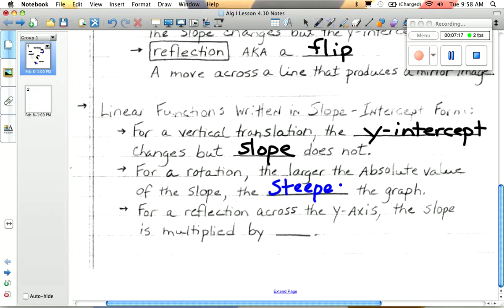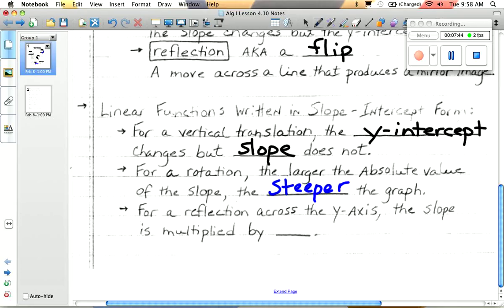And why do we have to talk about the absolute value of it? Because if I say to you, which graph is steeper, 4 or -4, and you just thought to yourself, well, the larger the slope, the steeper the graph, would that mean that the graph of a slope of 4 would be steeper than the graph of one that has a slope of -4? No. They're just going in different directions.